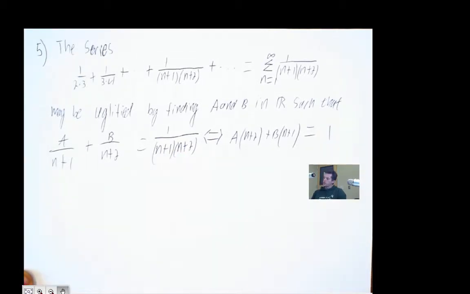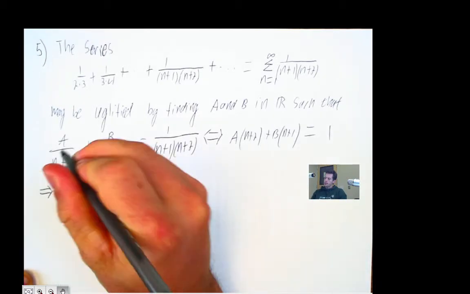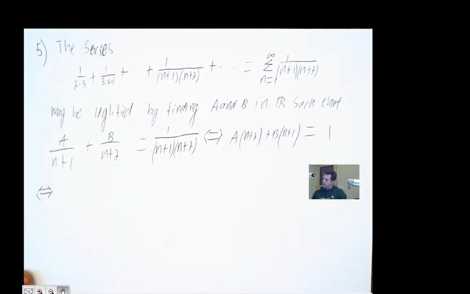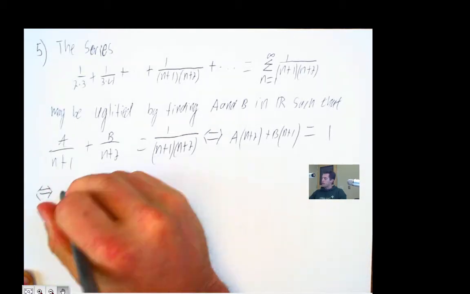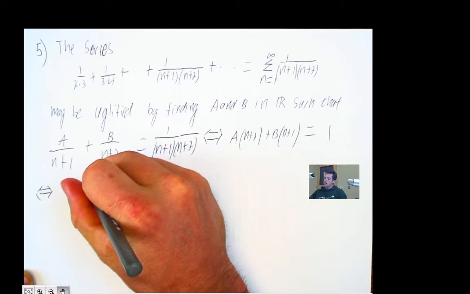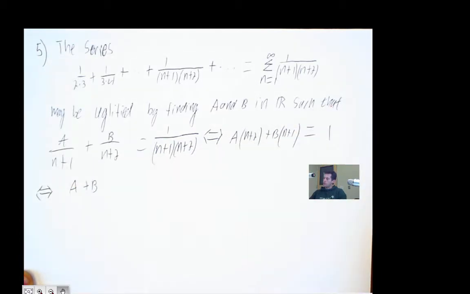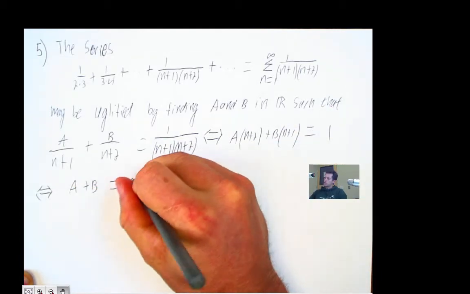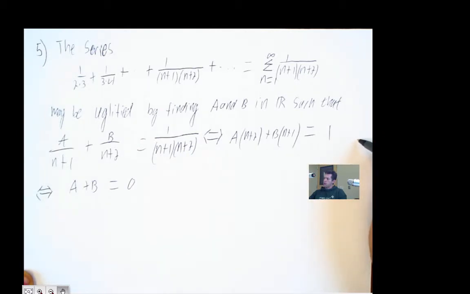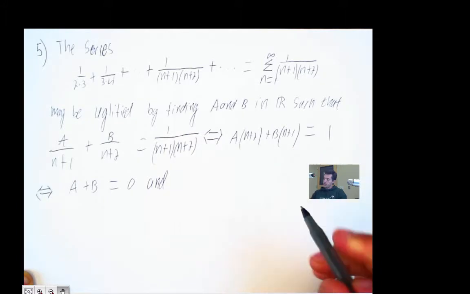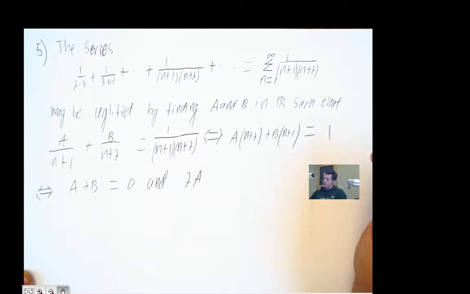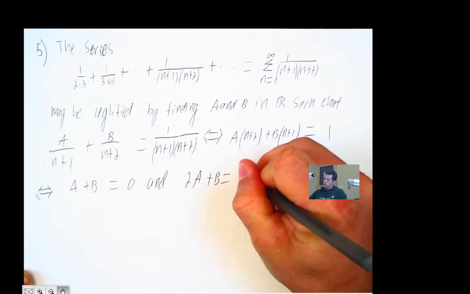That is equivalent to saying, now we'll match up the coefficients of n on the left, that is A plus B, the coefficients of n to the first power, is equal to 0, since n doesn't appear over there. And matching up the constants, the things that don't have n's attached to them, 2A plus B is equal to 1. Okay.